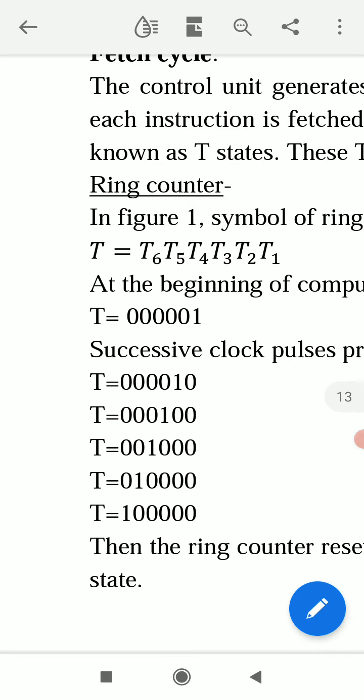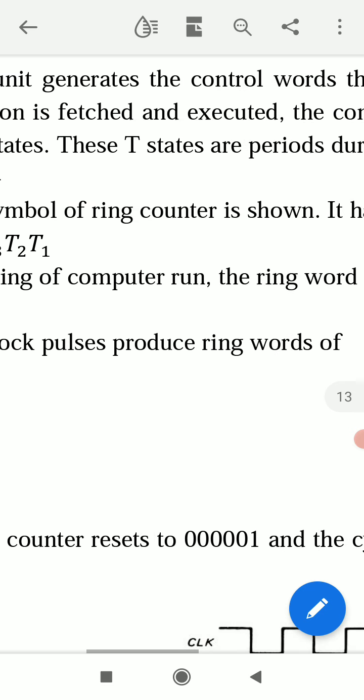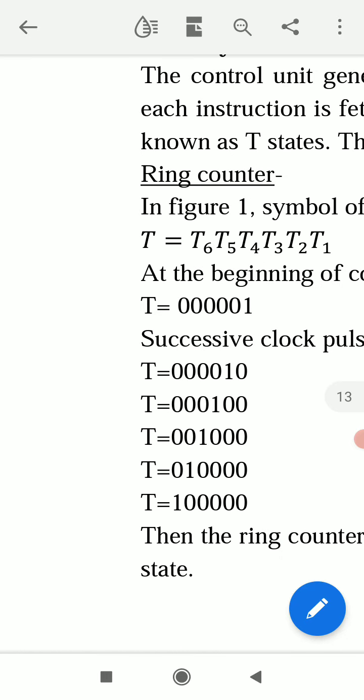Ring counter. In figure 1, the symbol of the ring counter is shown. It has an output T equal to T6, T5, T4, T3, T2, T1. Ring counter produces this 6-bit word T.